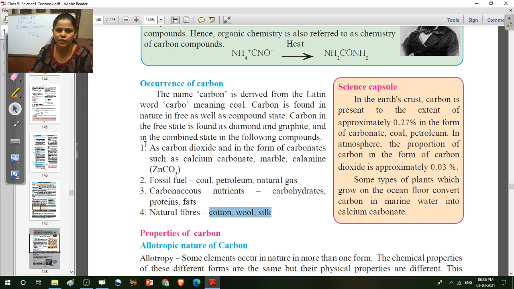So carbon in a free state is found in diamond as well as graphite, and in a compound state here some compounds are given where carbon is a constituent element. Example, carbon dioxide, calcium carbonate, marble, calamine. Then fossil fuels, then carbonaceous nutrients, then natural fibers, etc.